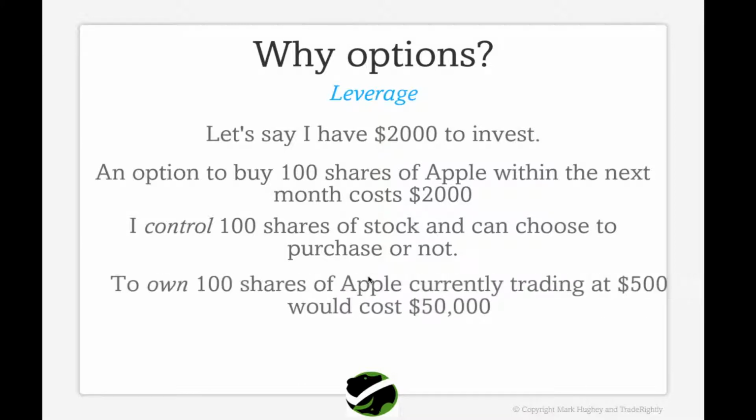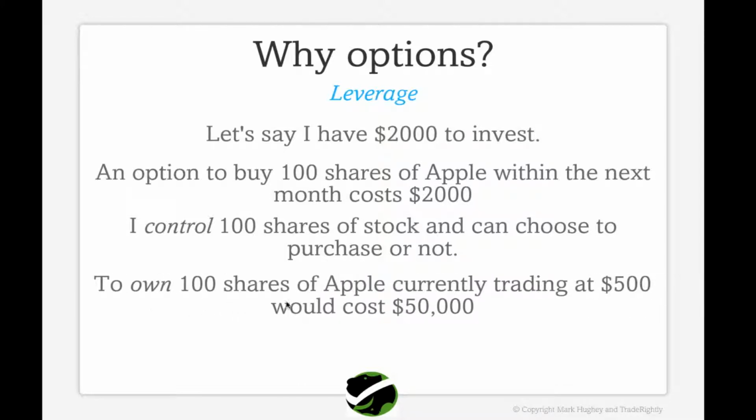Now, to actually own 100 shares of Apple stock, let's say it's currently trading at $500, that costs us $50,000. So the relatively low cost of an option as compared to the cost incurred by purchasing the stock outright, that is what allows us to make money in the market without having huge sums of capital to invest.